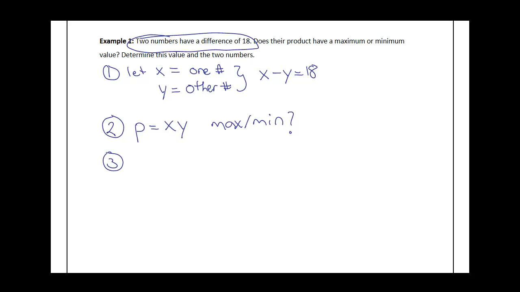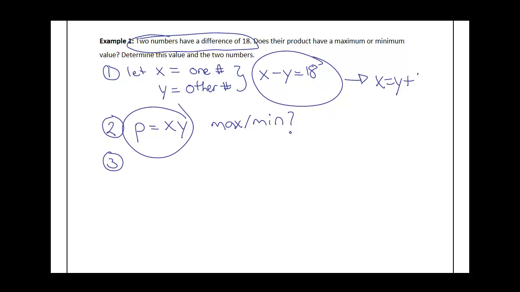Now our third step is to have it in one variable. So we want to take our two equations here and write it in terms of one of the variables here. So say we rewrote this one so that x equals y plus 18 in this case.